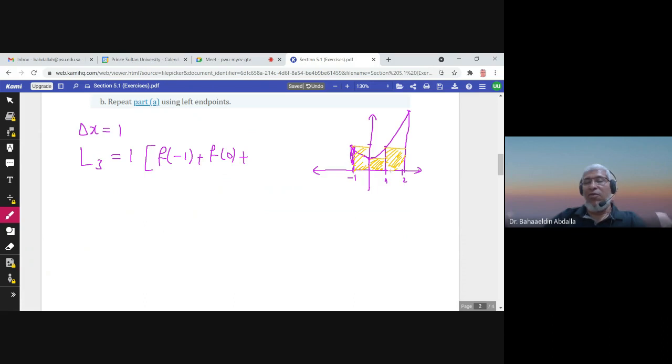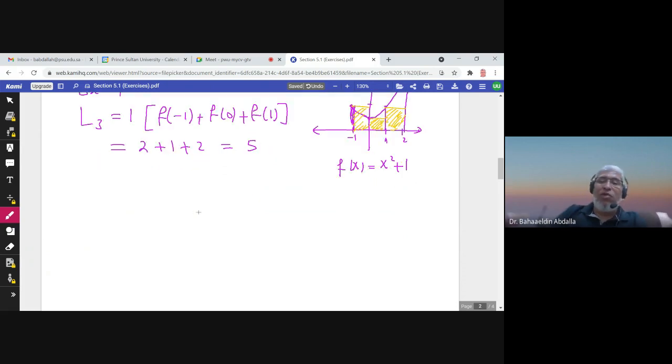And the length of the third rectangle is f of 1. And you use the definition. Let us do it here. F of x is x squared plus 1. So f of negative 1 is 2, f of 0 is 1, f of 1 is 2. So L3 is just 5.